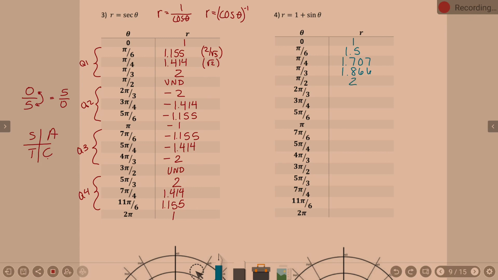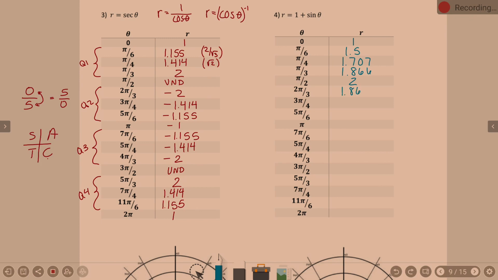Now, quadrant 2. Okay, it is positive. So are these values going to work out the same? Yes. In this quadrant, yes, because it's going to be 2 pi over 3, so it's going to be the 0.866 plus the 1.